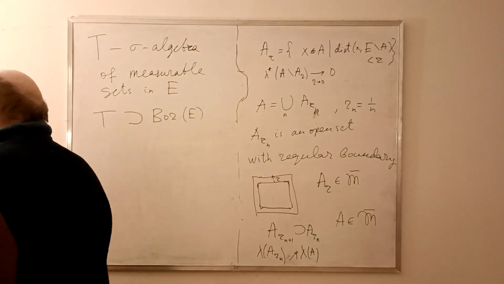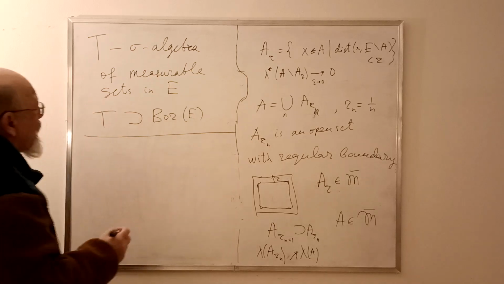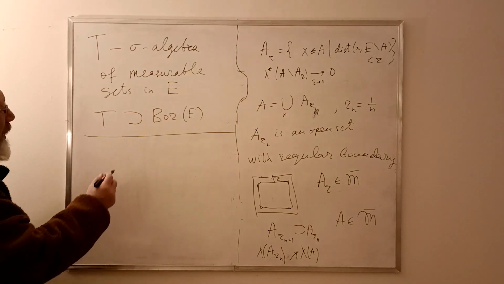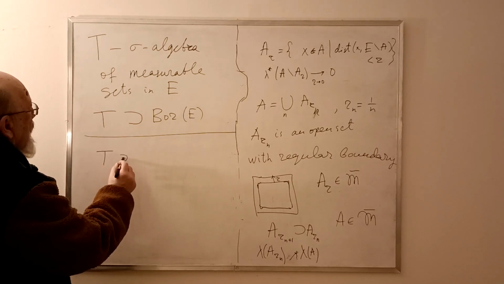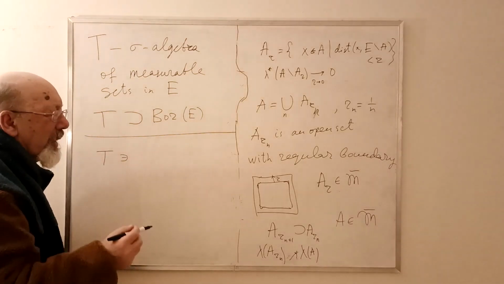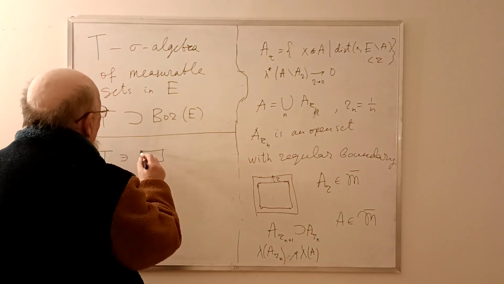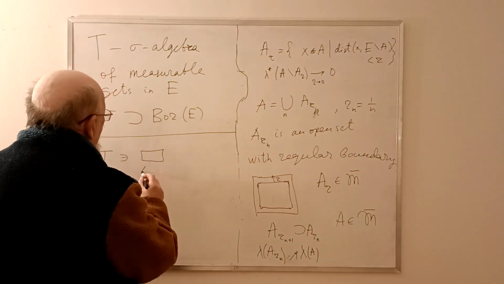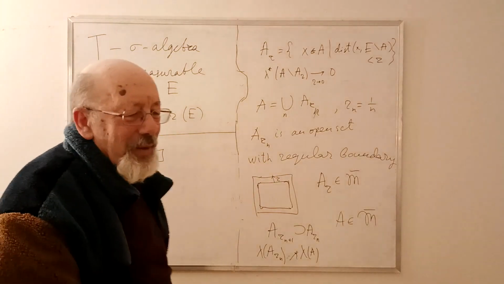Now this means the following thing. In particular, T contains not only rectangles like this, but also these turned rectangles.